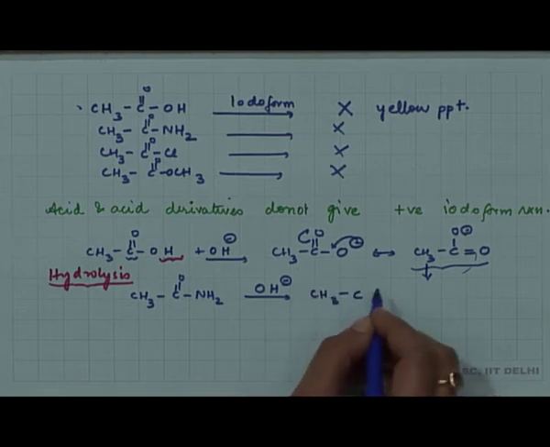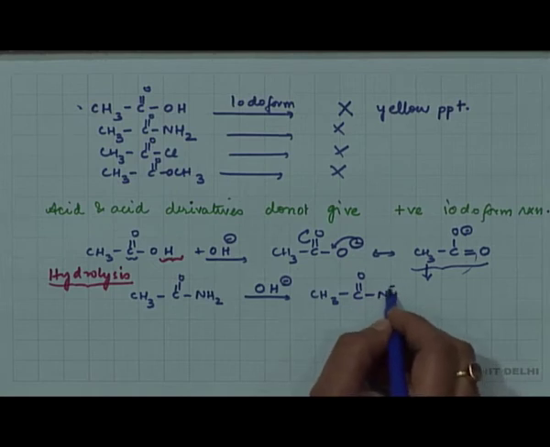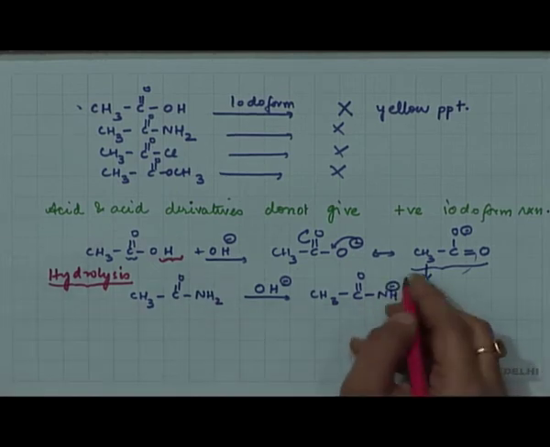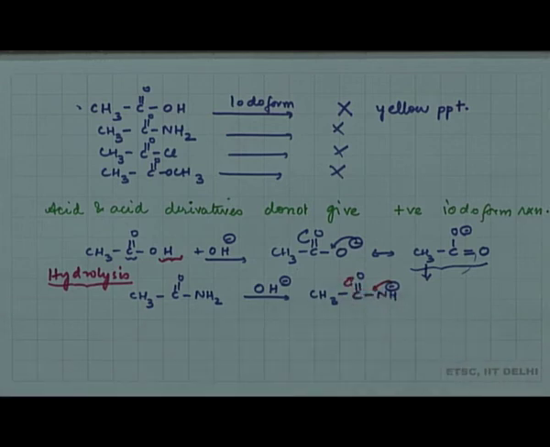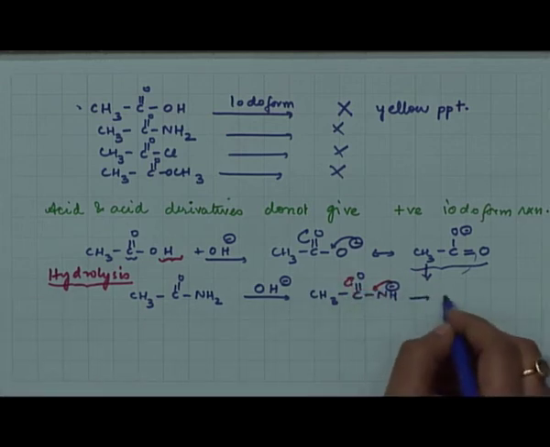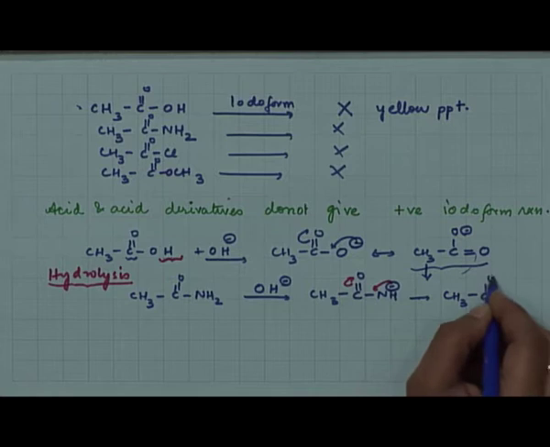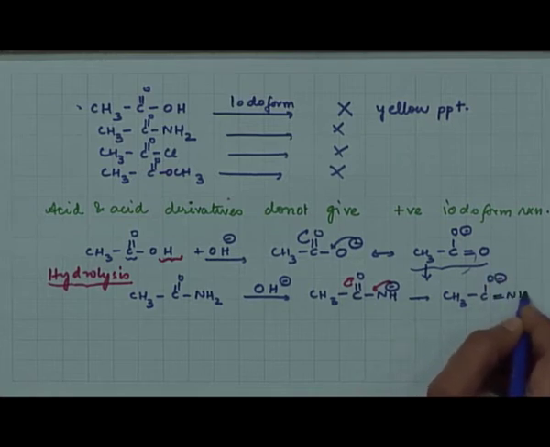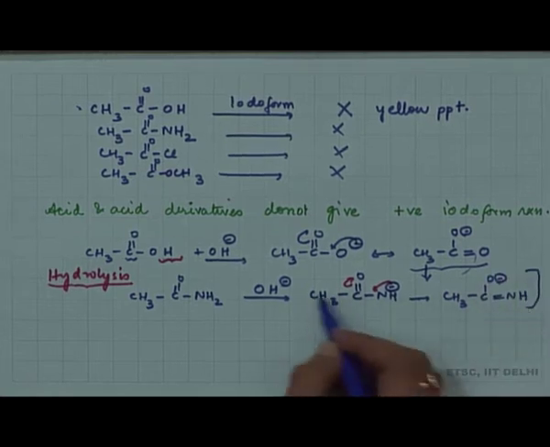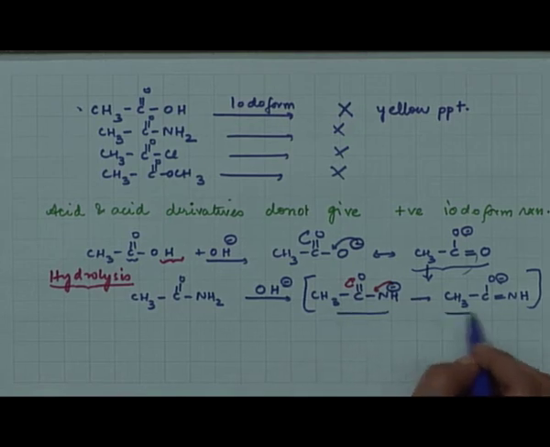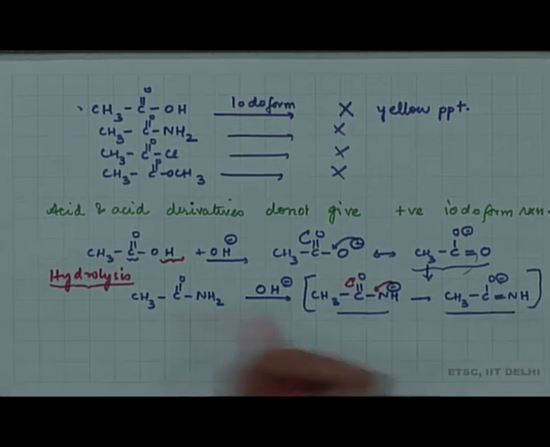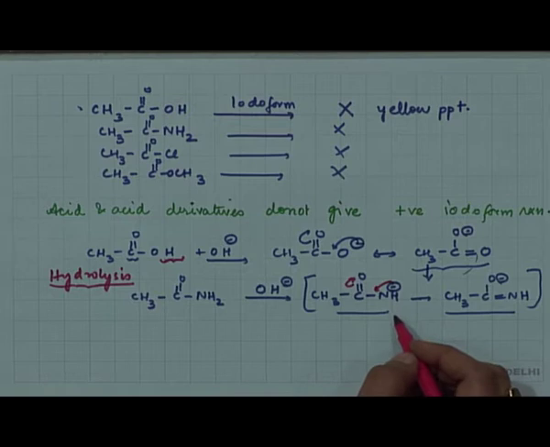Again, this amidic proton is relatively acidic, and it is going to give you these two resonating structures, and it will be incompetent, not capable of pursuing the iodoform reaction further.